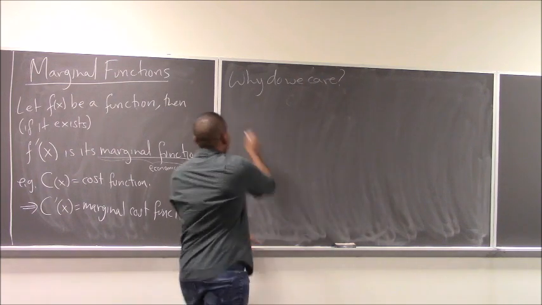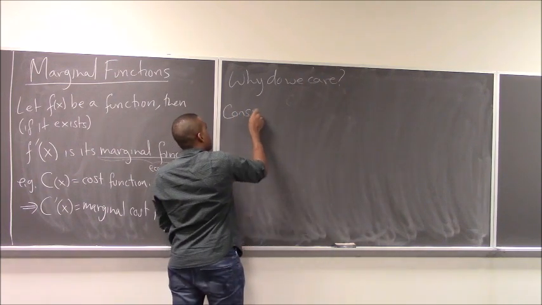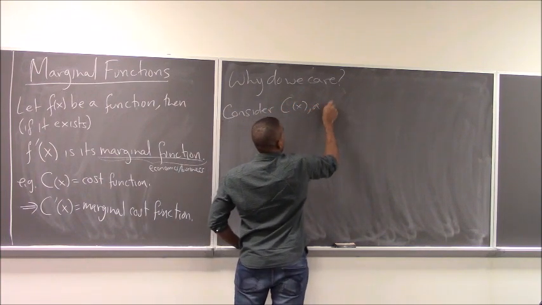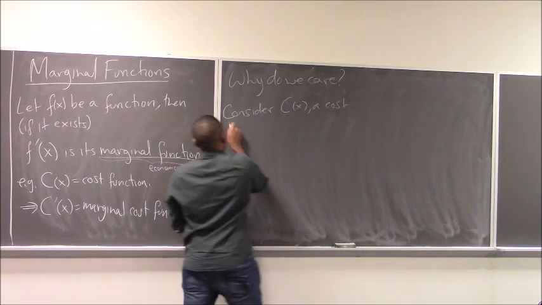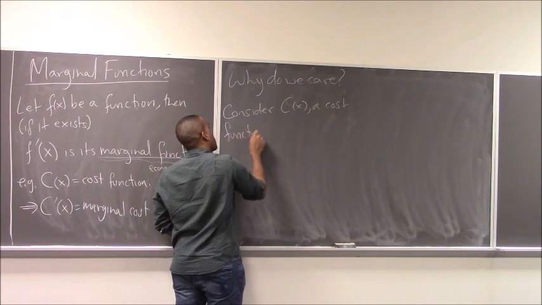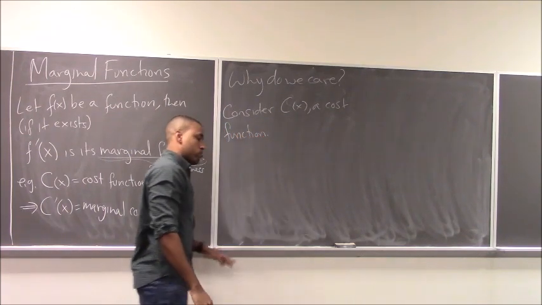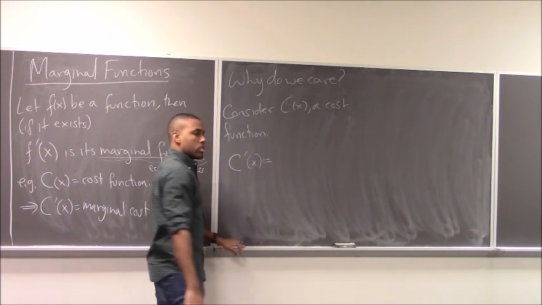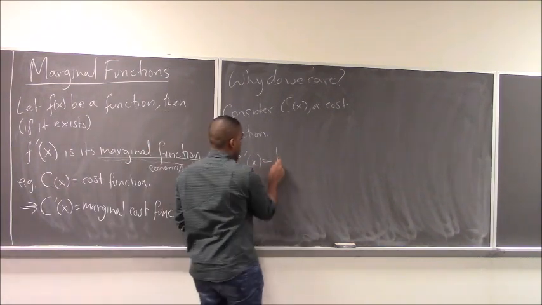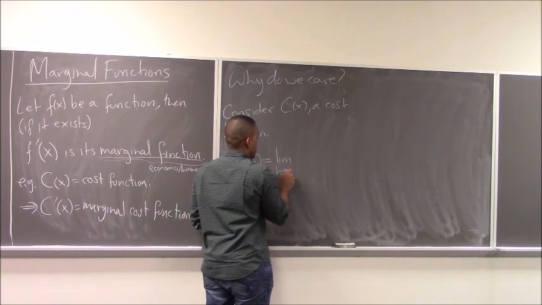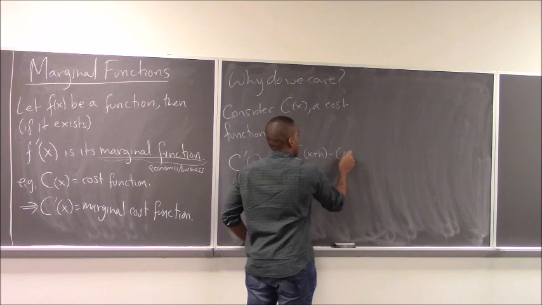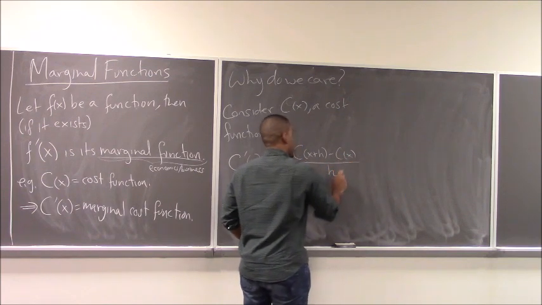Why do we care? Let's do it. Consider a cost function. I'll illustrate with a cost function. By the definition of the derivative, what is c prime? It's going to be the limit as h approaches 0 of c of x plus h minus c of x, all over h.